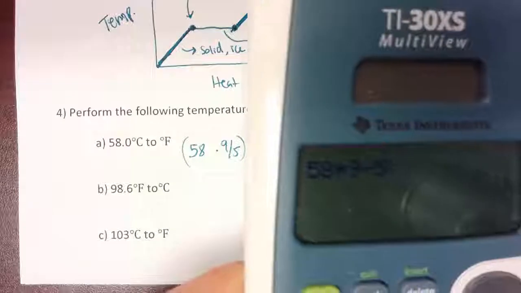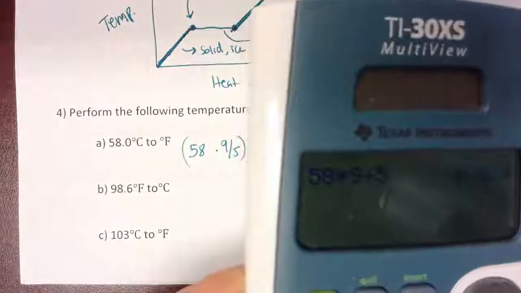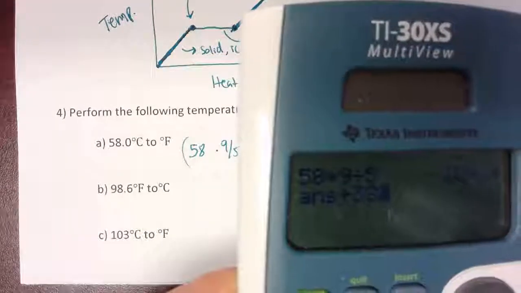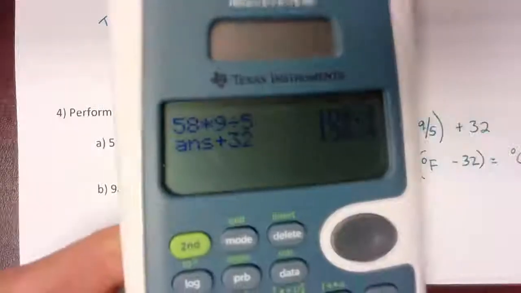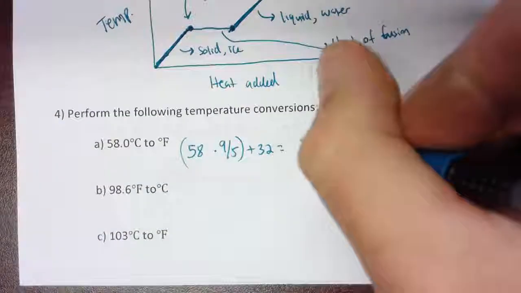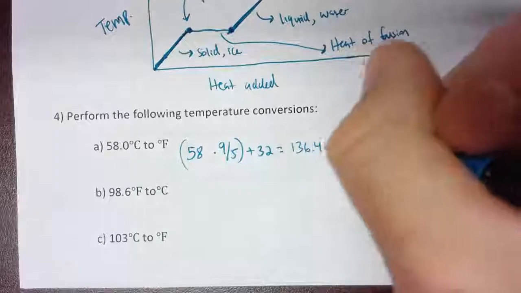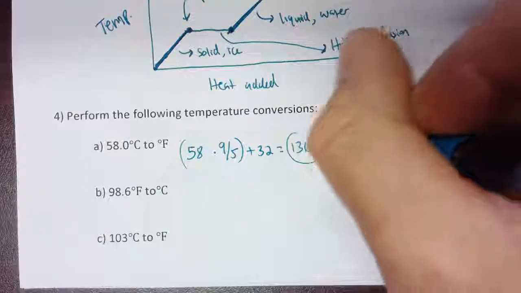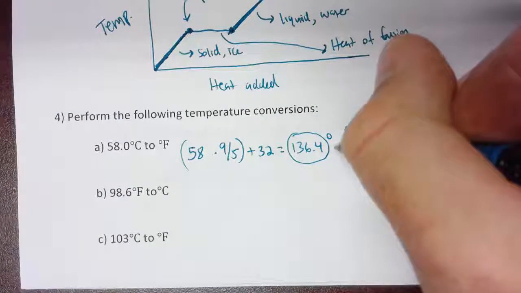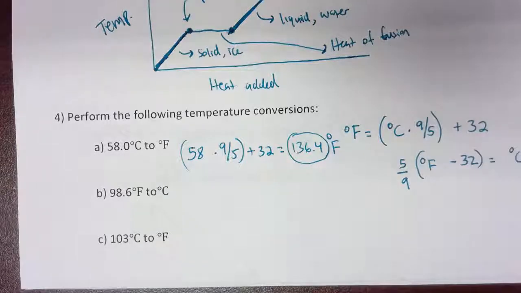It's okay to do that. I'm going to go ahead and hit enter, add 32, and I get 136.4. And that is degrees F.